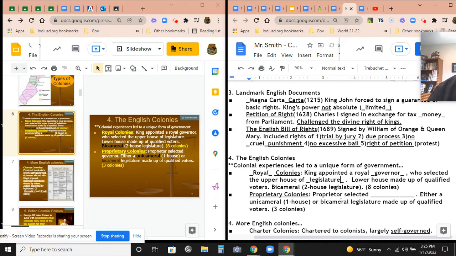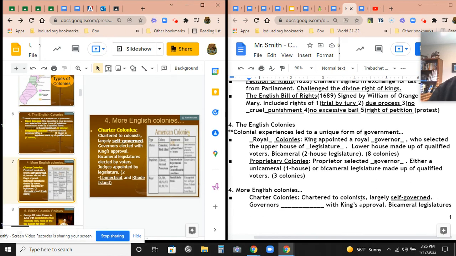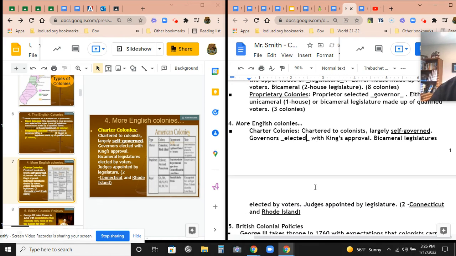They had some. The proprietor selected the governor. They were elected, but the king had to approve, so it wasn't like a true full election.